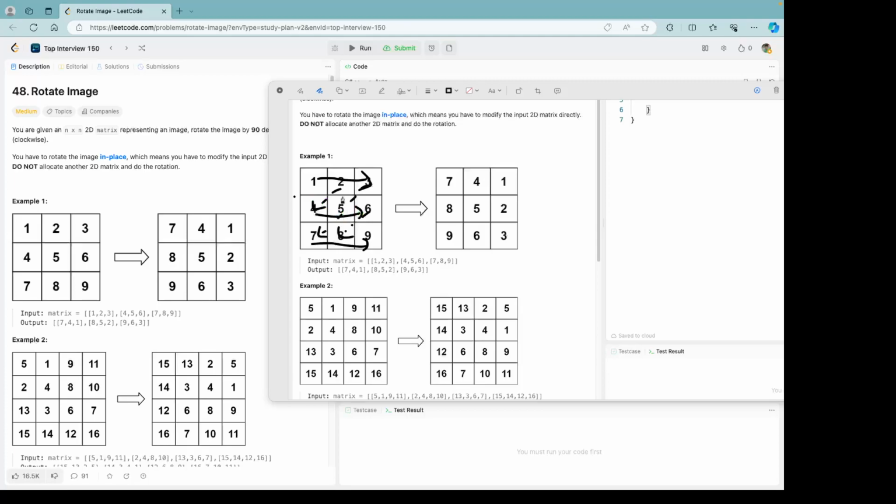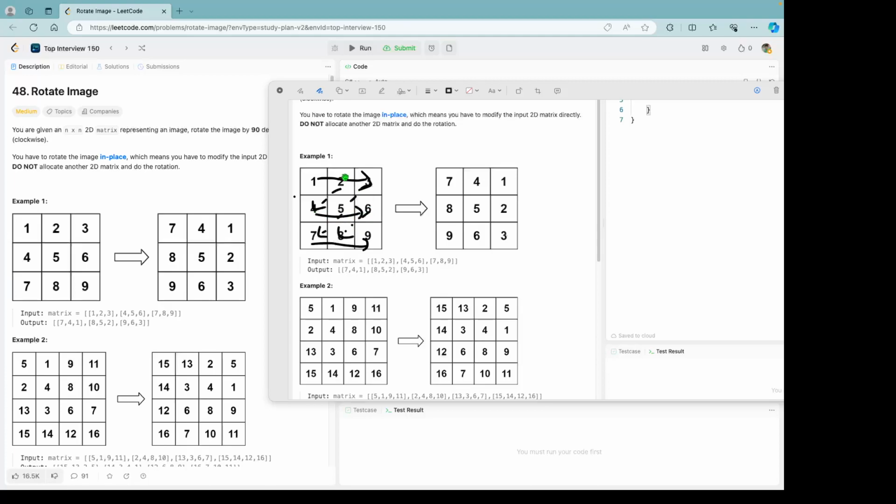Next would be 2. 2 got moved to the second row's first element. After that, due to reflection, 2 moves from the last element of the row to the first element of the row.